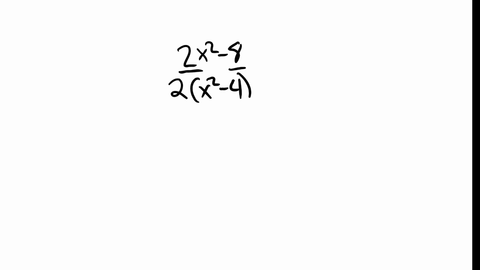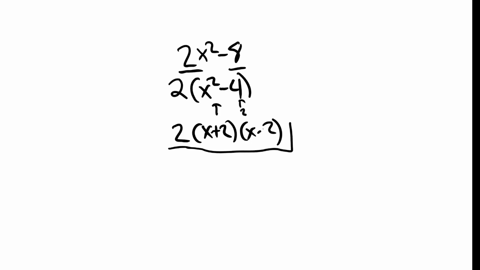Now I can factor the remaining piece, this x squared minus 4, using my difference of squares. There's no middle term. So I square root 4 and I get 2. And then I just do x plus 2 and x minus 2. I need to be careful that I make sure I leave my 2 on the outside here, but that's it. That's all there is to it. Difference of squares makes life a little easier.